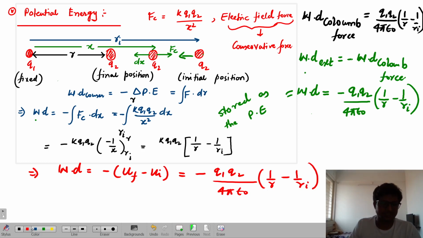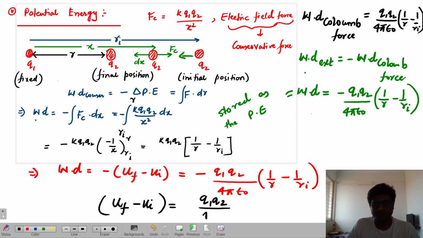So minus minus cancels, and we have the final relation: U final minus U initial is always exactly equal to Q1 Q2 by 4 pi epsilon naught times (1 by R minus 1 by R initial). Are you able to get me or not?